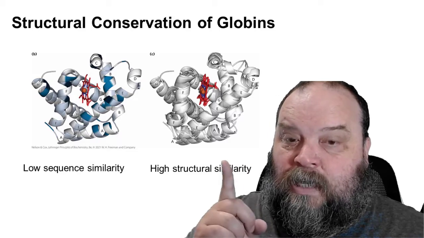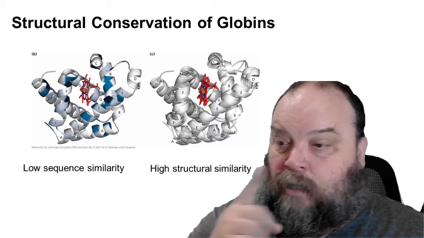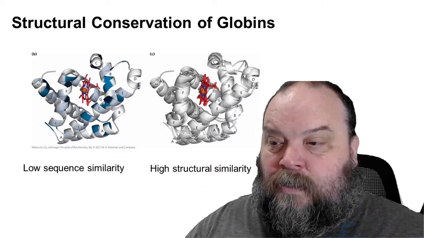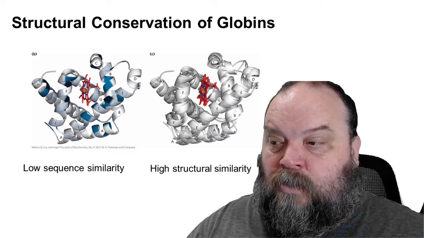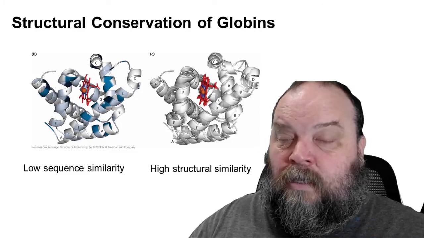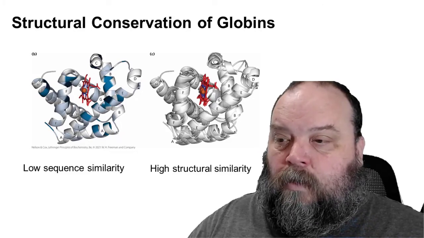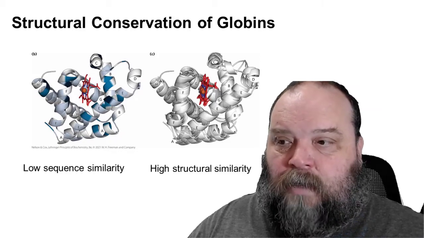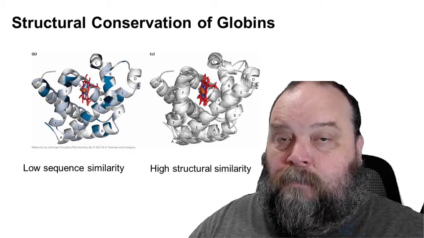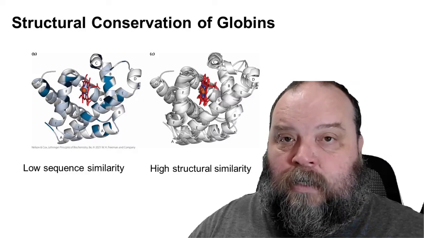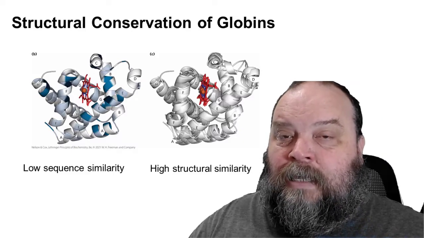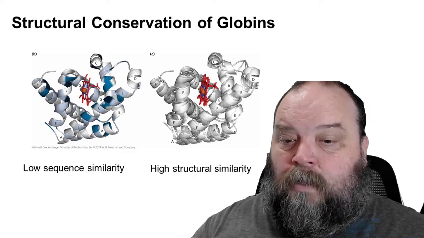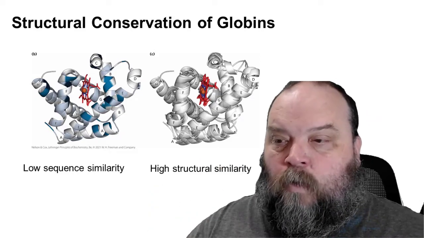But when you look at C here, and it's a little hard to see, but there are certain amino acids, certain structures, especially around the heme, that have to be the same to maintain the shape, to maintain the structural integrity, and to maintain the operational integrity of the hemoglobin or the myoglobin or whatever.